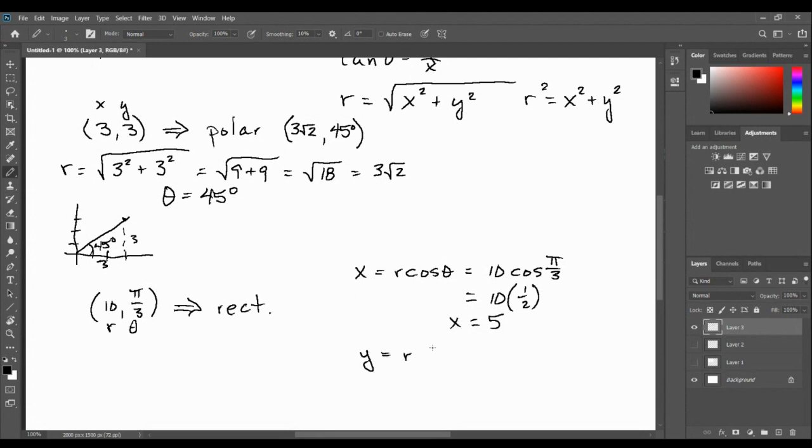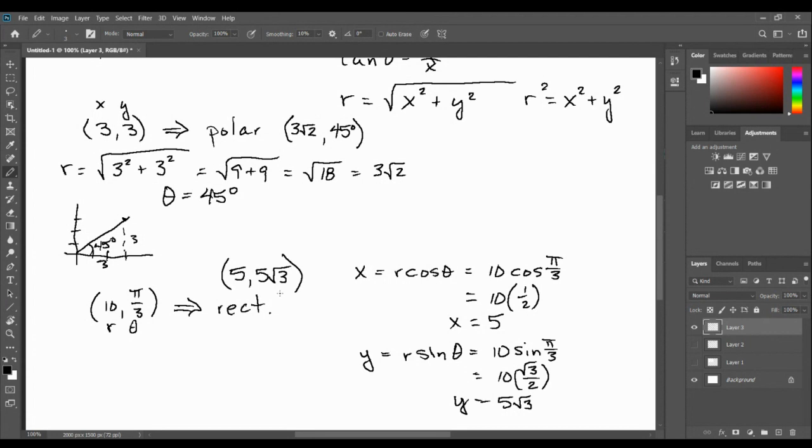Y equals r sine theta. So that would be 10 times the sine of pi thirds. The sine of pi thirds is √3/2. And 10 times √3/2 is 5√3. So that would be our y. So now I know that the rectangular coordinates for the exact same point, 10, pi thirds, is 5, 5√3.